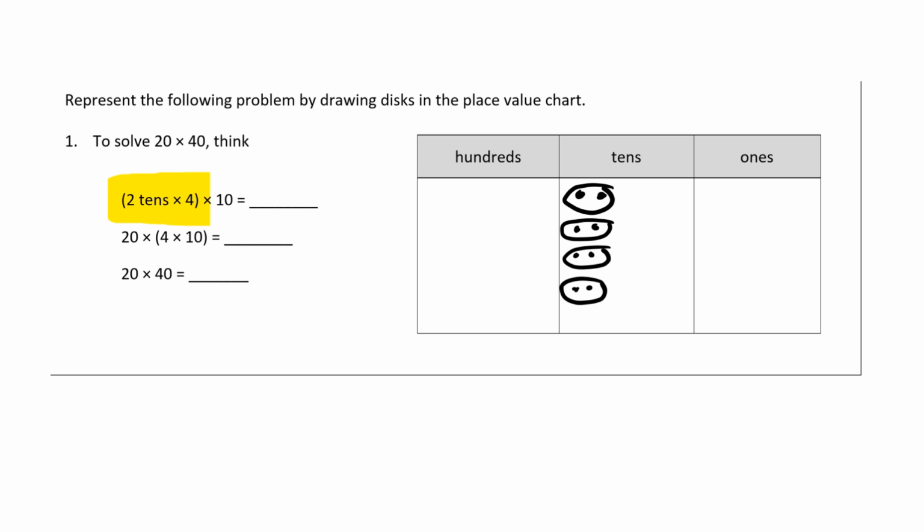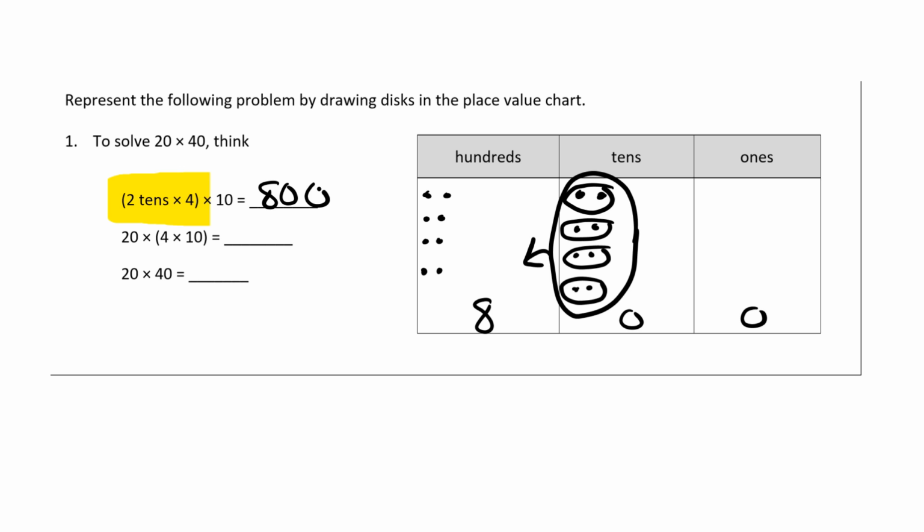Now if I multiply those 4 sets of 2 tens by 10, all I have to do is shift all sets over into the hundreds place, because anytime we multiply by 10, our number gets put in the next largest place value. So it moves to the hundreds. Now if I count up how many I have, 2, 4, 6, 8. So my answer is 800.